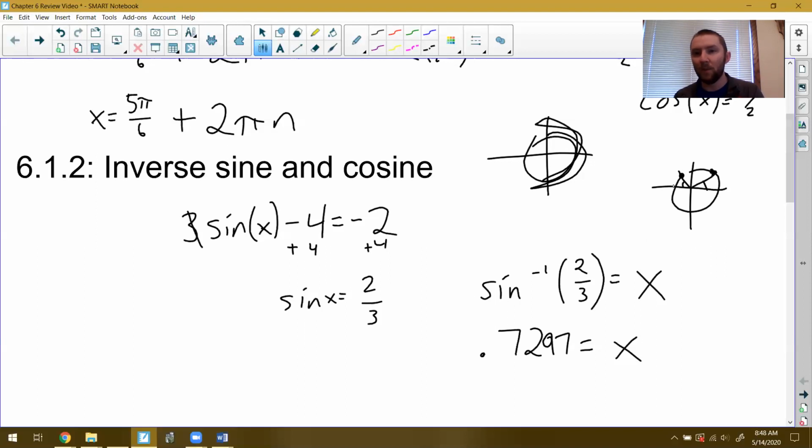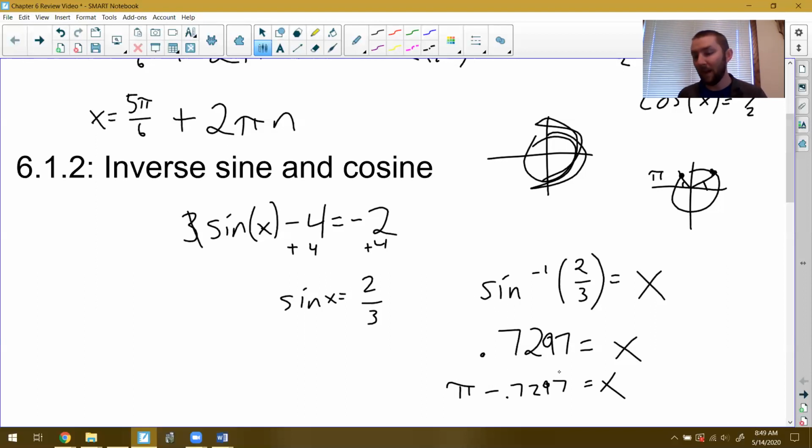So we can simply do pi, or 3.14, minus, going back up, whatever my first answer was, right? So my other answer is that x is equal to pi minus this number, 0.7297, okay?